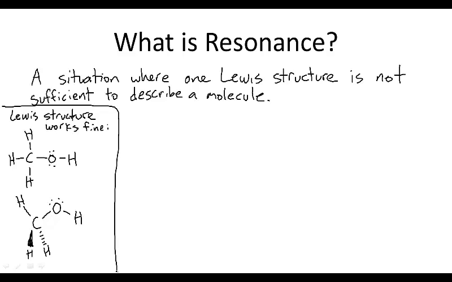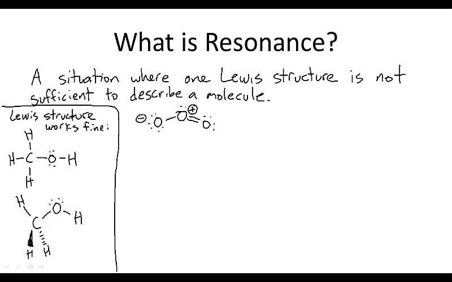So a classic example of that would be the molecule ozone. It's the thing up there in the ozone layer that protects us from UV rays. That molecule ozone is a situation where one Lewis structure doesn't work very well.